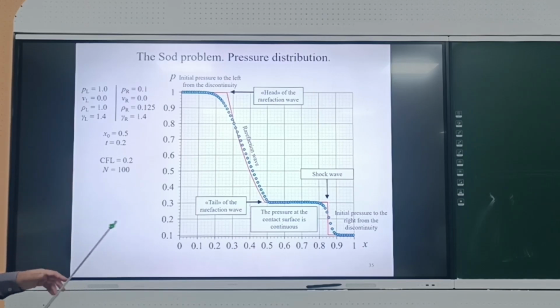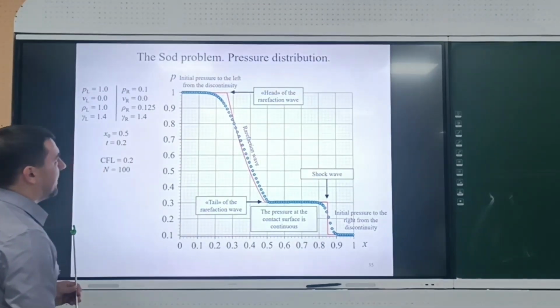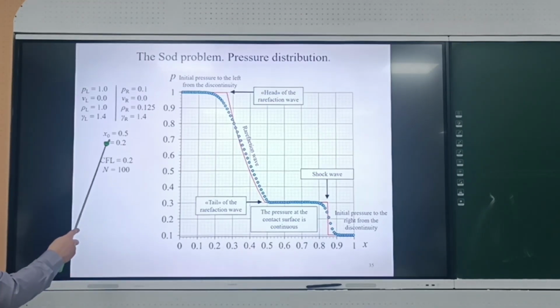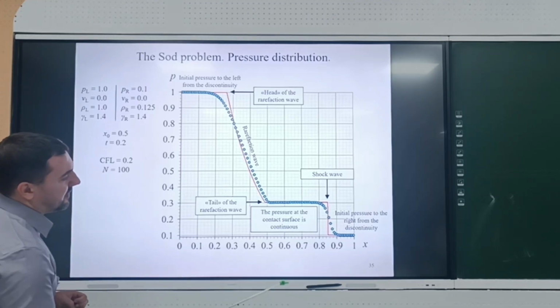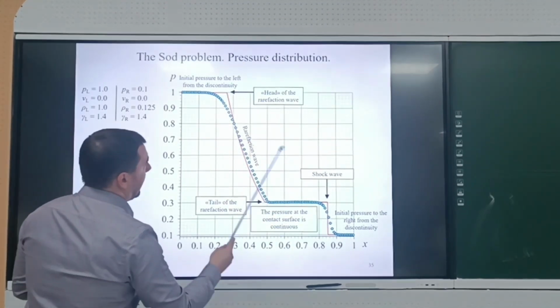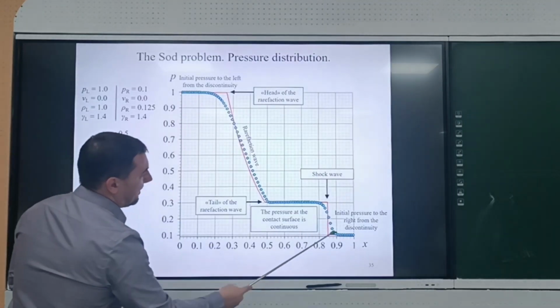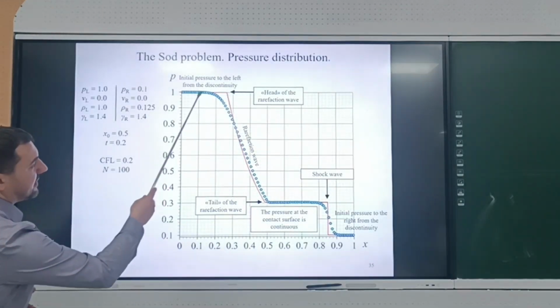I think it's useful for you to be familiar with such pictures, these typical solutions. And this time instant 0.2 corresponds to a moment when the shock wave had not reached this boundary, and the head of a rarefaction wave also. That is why here and here we have undisturbed parameters. So this is still a self-similar solution.